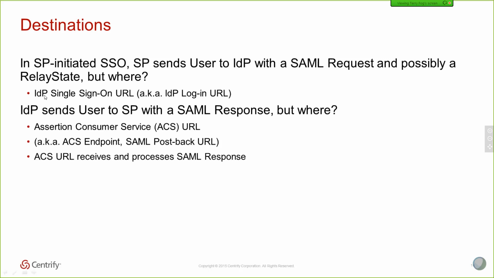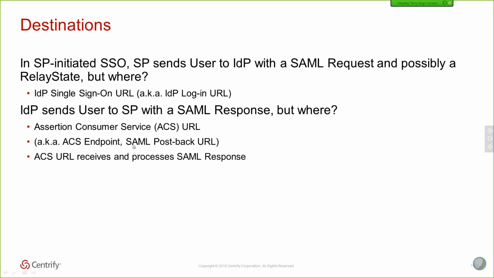Now, all these terms I've been saying, on the SP side they could use different names. So when you're not sure, just make sure that what they mean is what you know. You need to know what they're asking for. For example, some service providers use the name SAML postback URL.